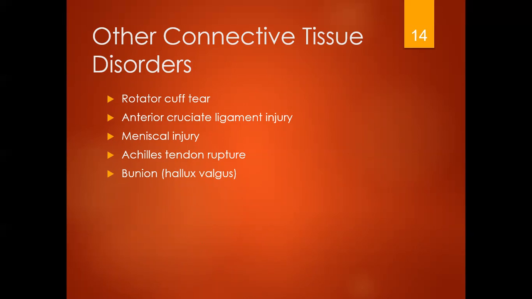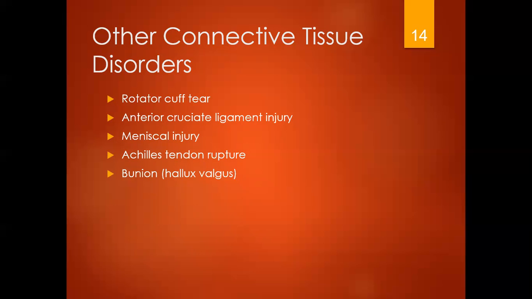An Achilles tendon rupture. Now, the Achilles tendon is that part in the back of the leg, where the heel meets the lower part of the calf, right? It attaches to the calcaneus, your heel bone. It pulls those muscles from the back of the calf into that heel bone. When it gets overstretched, it can rupture, and that's where we get that Achilles tendon rupture.